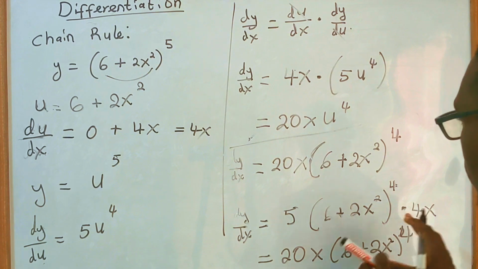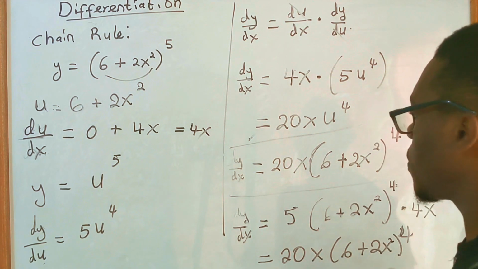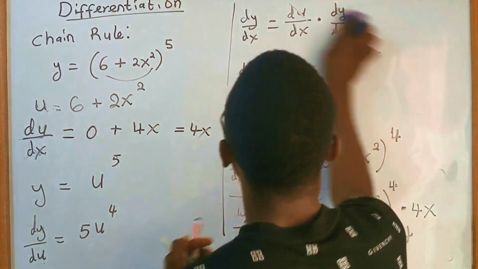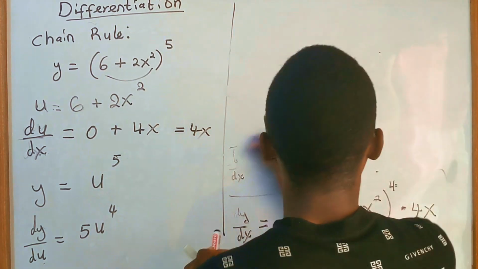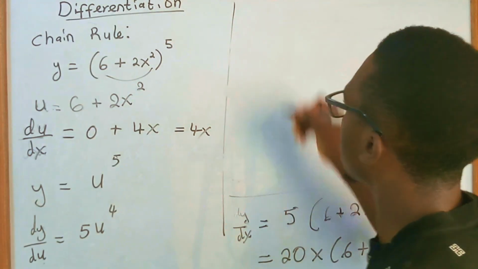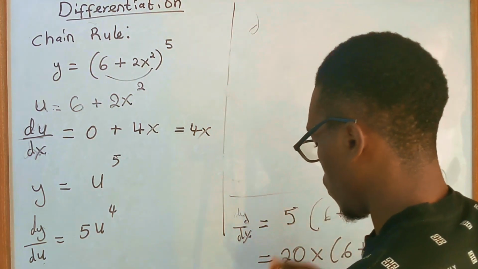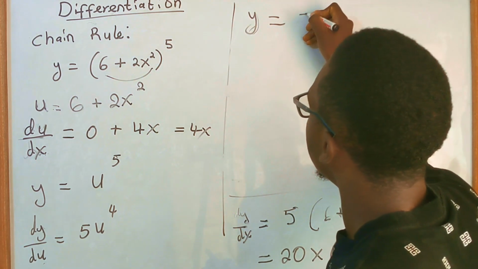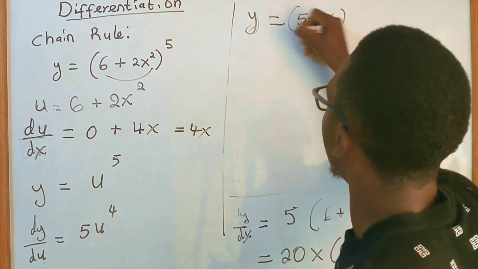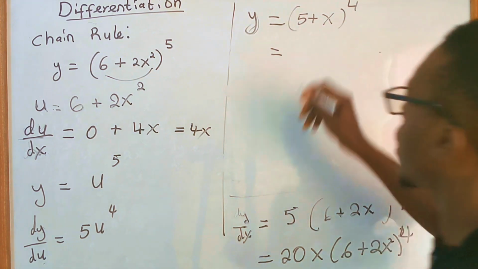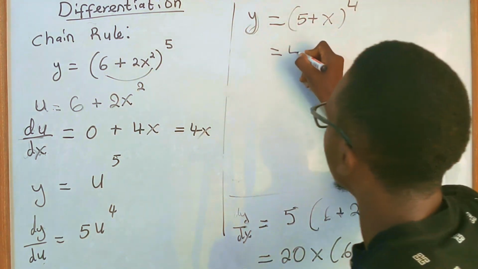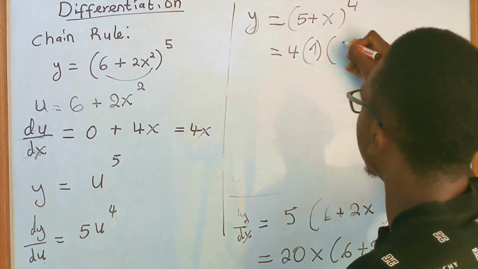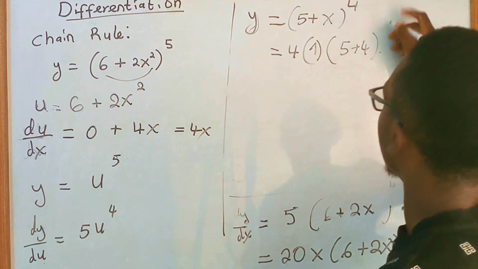I hope you are seeing a bit how we can differentiate typically. For example, if you have another derivative like y is equal to (5 plus x) all to the power 4, then using the chain rule, you differentiate to have 4, differentiate what is inside here to have 1, then we recopy it to have (5 plus x) to the power 3 using the power rule.